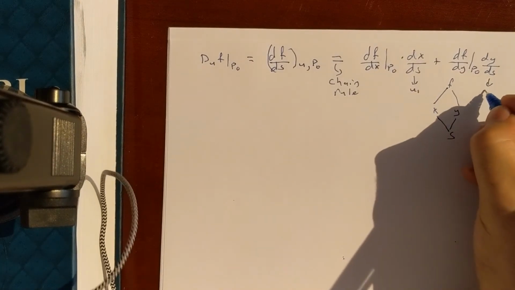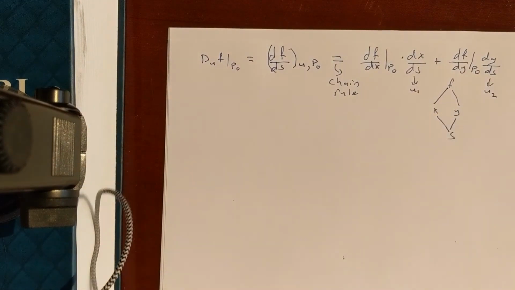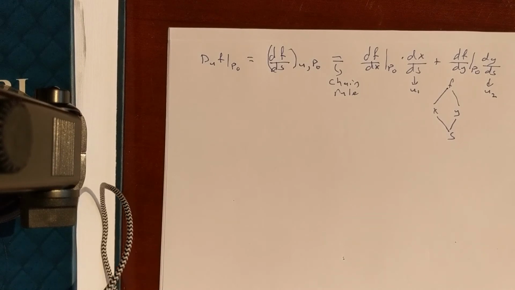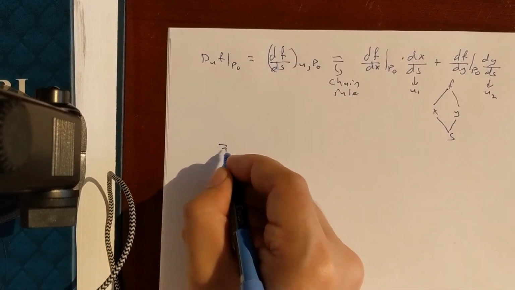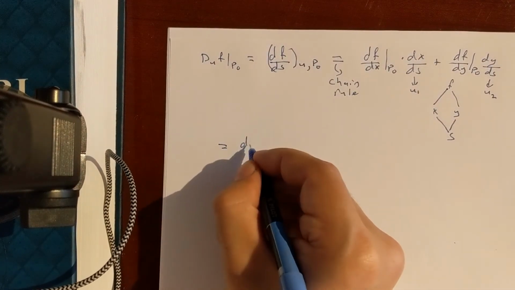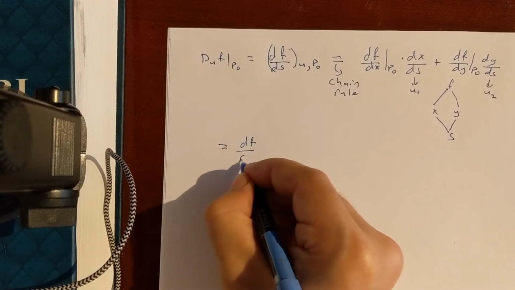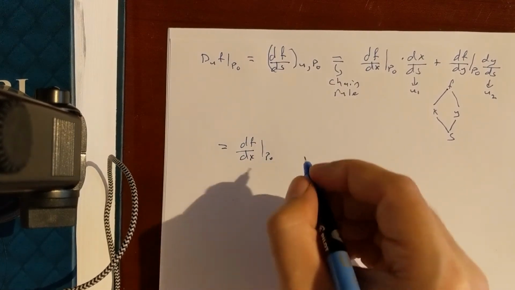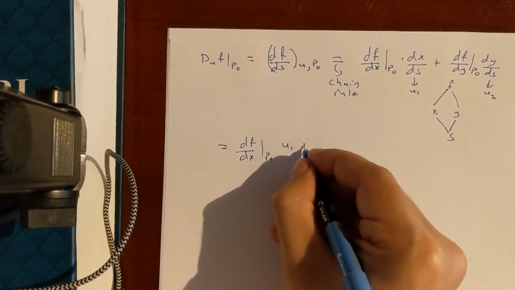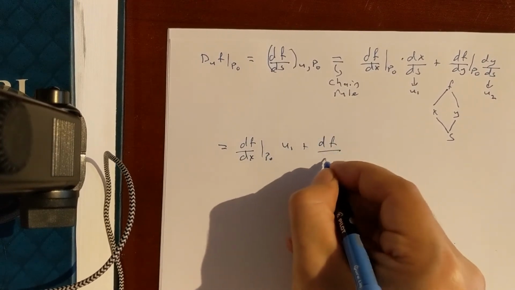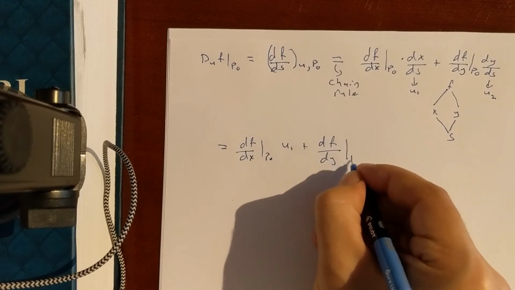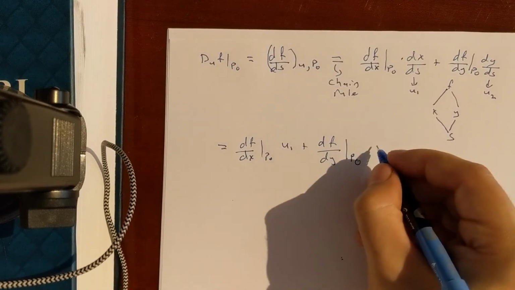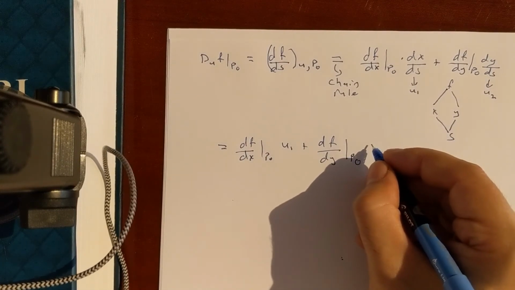Similarly, this is just the y component of the unit vector, so that's just u2. This simplifies down to df/dx evaluated at p naught times u1, plus df/dy evaluated at p naught times u2.